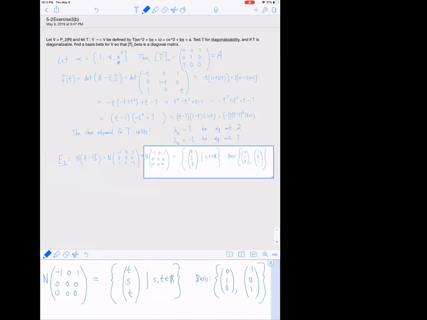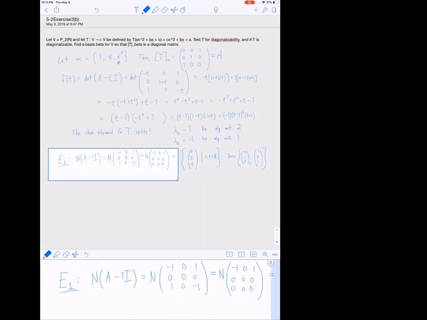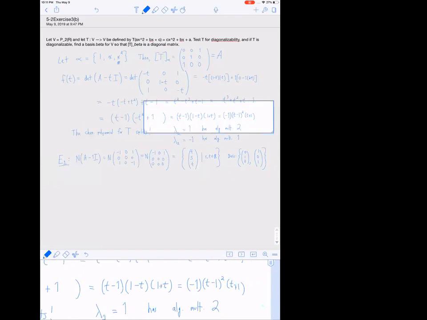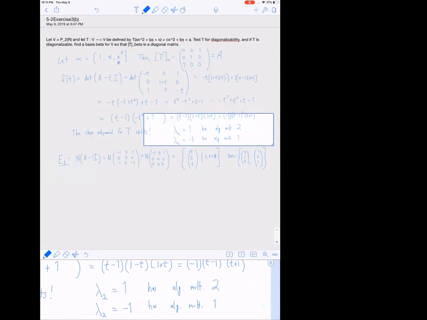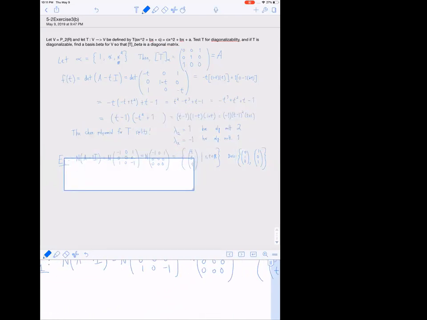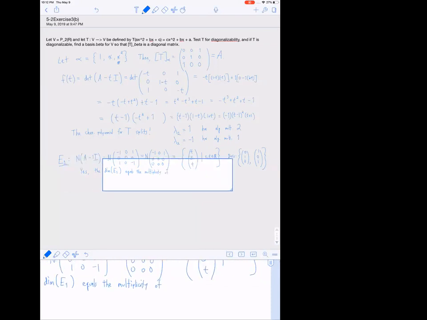So great, that means that we have a 2-element basis for this eigenspace, and the algebraic multiplicity of this eigenvalue was 2. So we know, yes, the dimension of E1 equals the multiplicity of the eigenvalue 1.